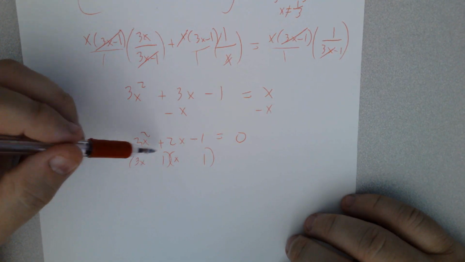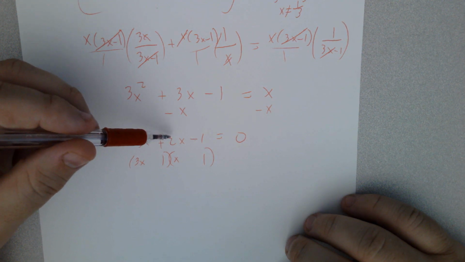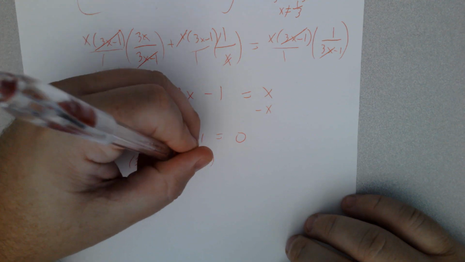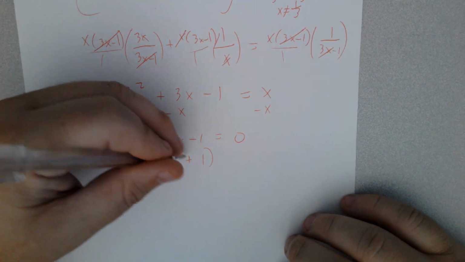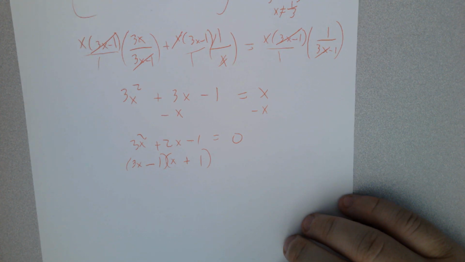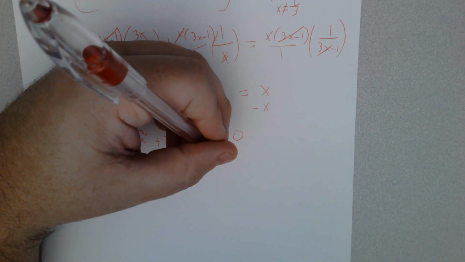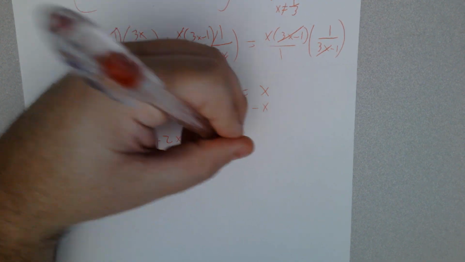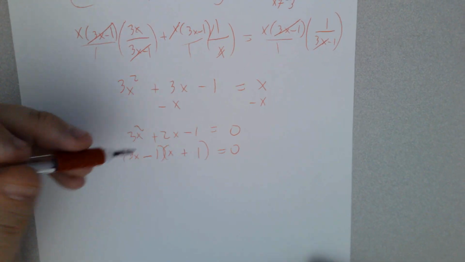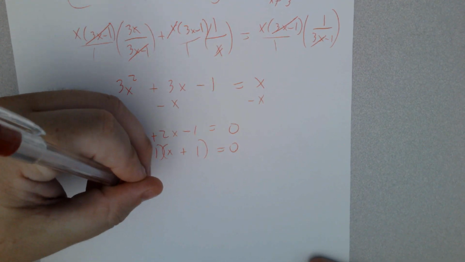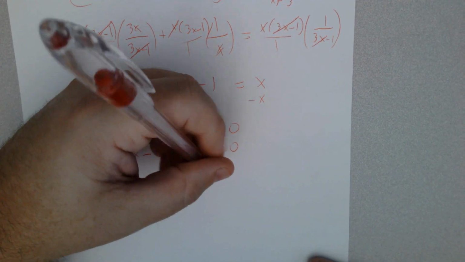Now I just got to figure out the signs. I need the difference to be 2, which means I need the 3x term to be positive, and that's the outside pair, so the positive sign goes there. Negative sign goes here. That is going to be equal to 0.